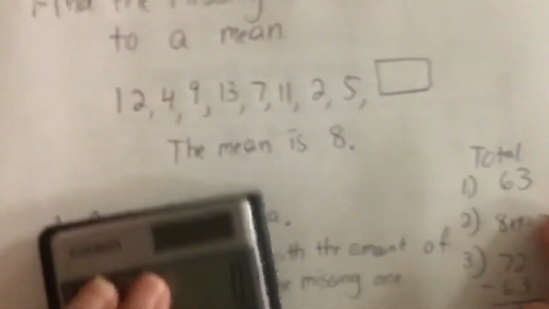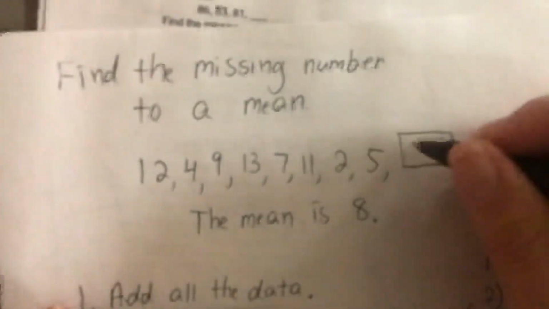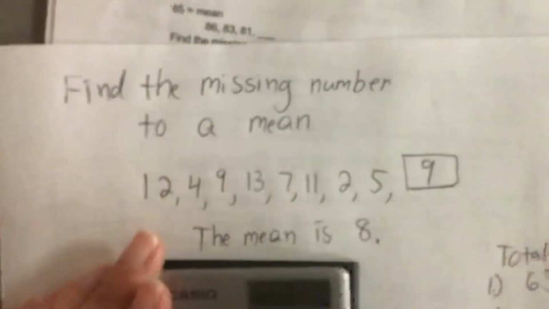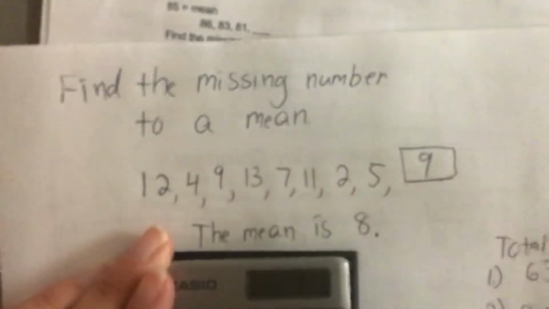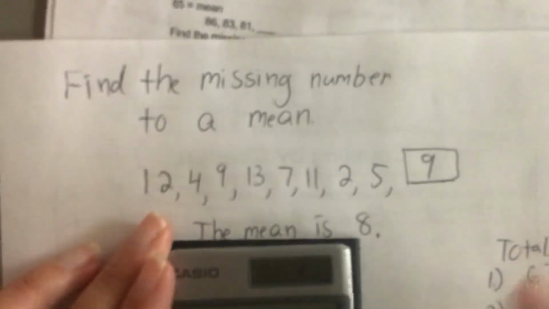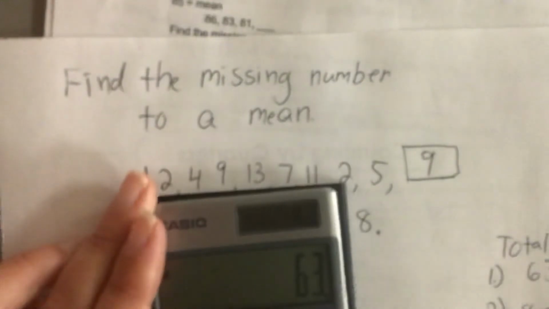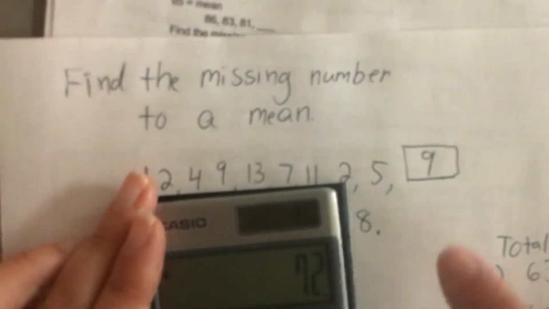Now you can always check your work, okay, by finding the regular mean and see if we get 8. All right, so when we added them all up, we got 63, right? So let's add 9 to it rather than adding them all up again. So 63 plus the 9, that's 72.